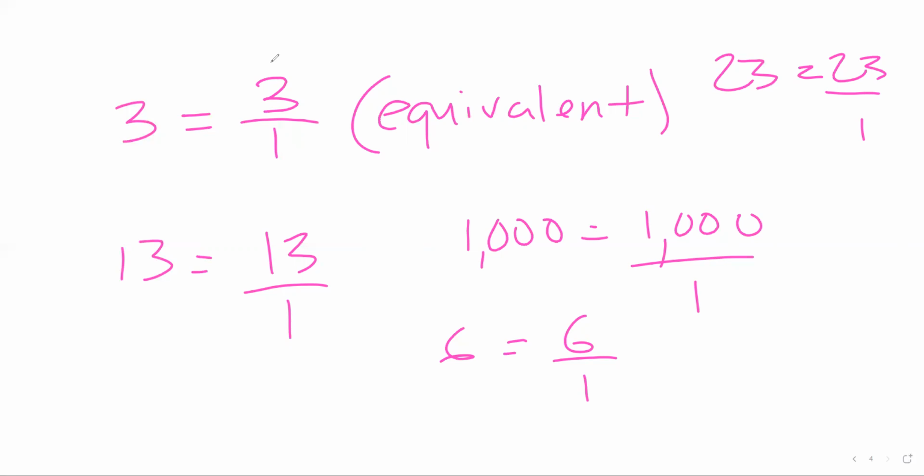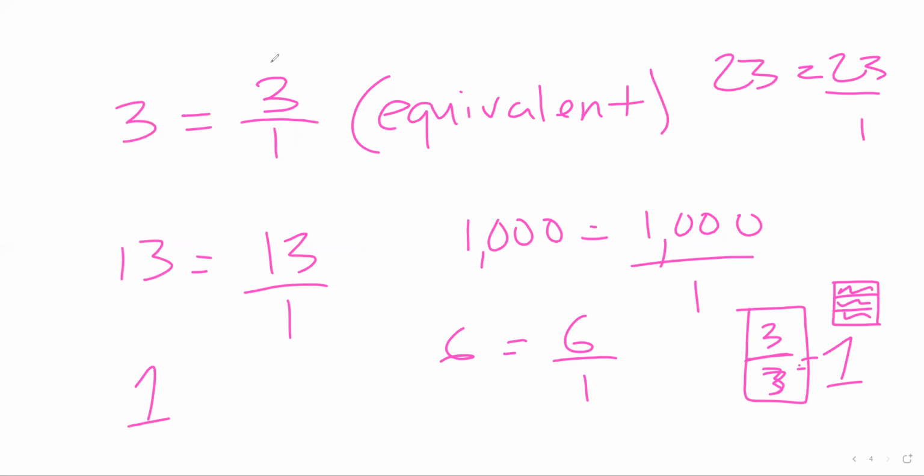So I know that can be a little confusing with what we talked about earlier. Well, what if I have 3 out of 3? Well, remember, 3 out of 3 is equal to 1 because it's a division problem. 3 divided by 3 equals 1 whole. But then you bring about that question, well, what if my number was 1? How do I write that as an equivalent fraction? Well, you actually could write that as 1 over 1.